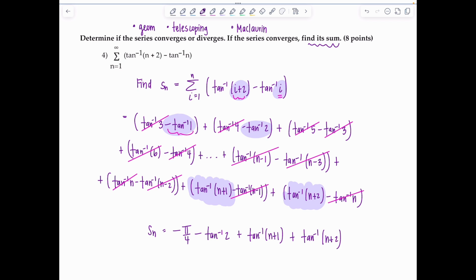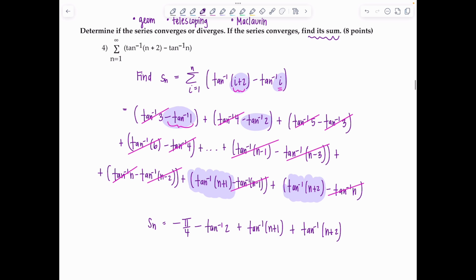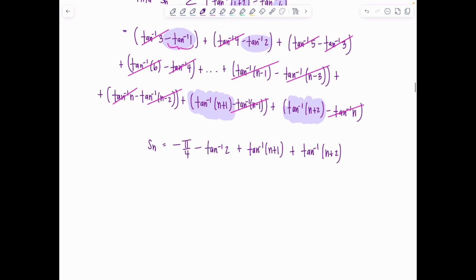Okay, what the heck do we do with this now? Well, to find the sum and determine whether or not the series converges, so you only find the sum when it's convergent, right? I said that backwards. Let's take the limit as n goes to infinity of S sub n.